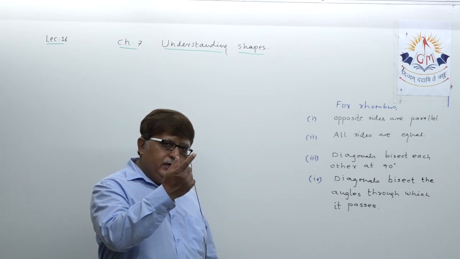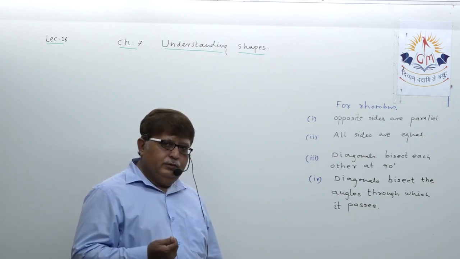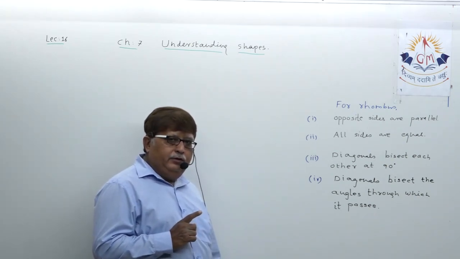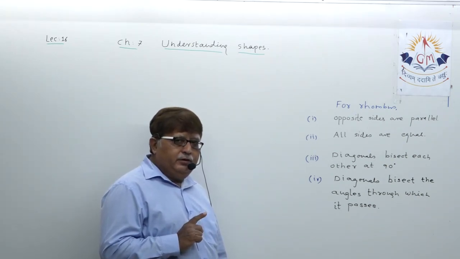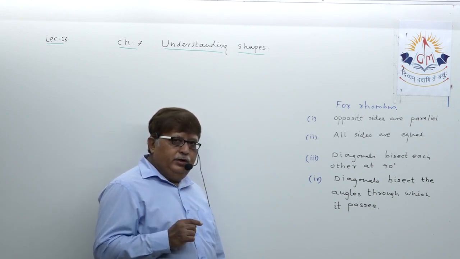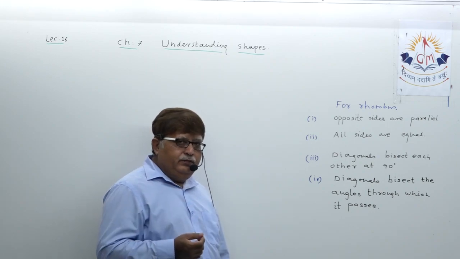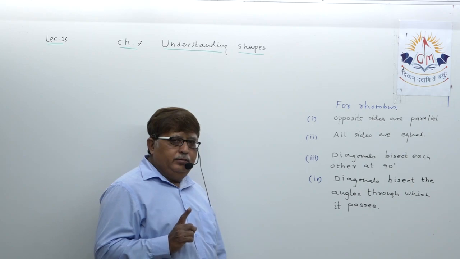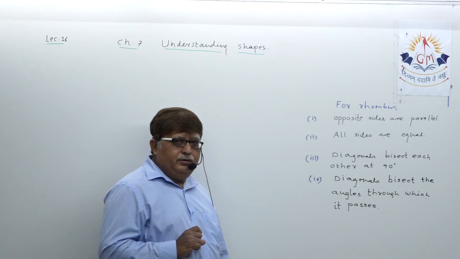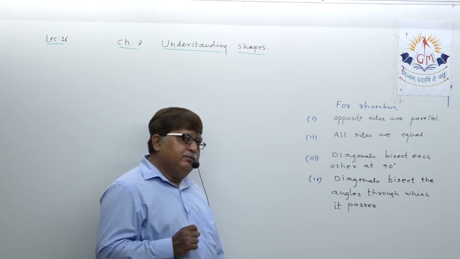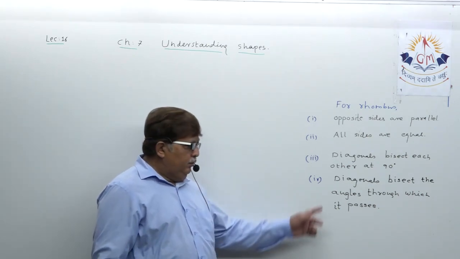Means suppose diagonal AC, it is passing through angle A and C, it is going to bisect angle A and angle C. Diagonal BD, obviously the diagram is in front of you, will pass through angle B and angle D, and it will definitely bisect angle B and angle D.